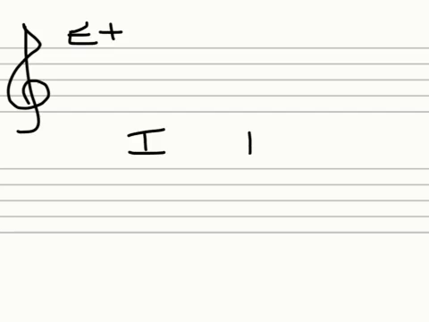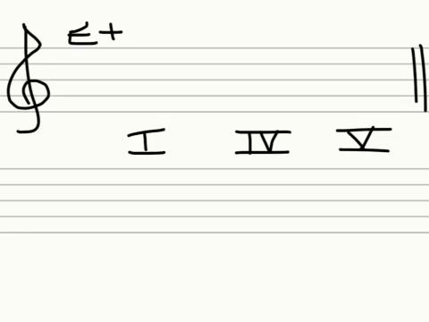And then we want the subdominant. There's our Roman numeral for subdominant. And the dominant in that key. Okay, so first of all, what's our key signature for E major? 4 sharps. Good. Father, Charles, goes down.